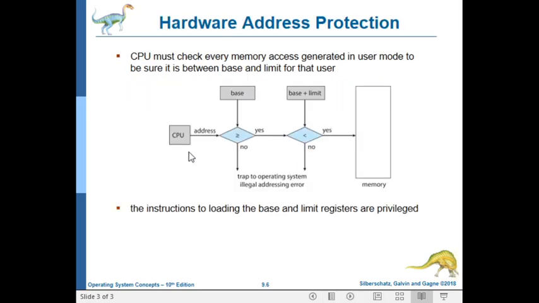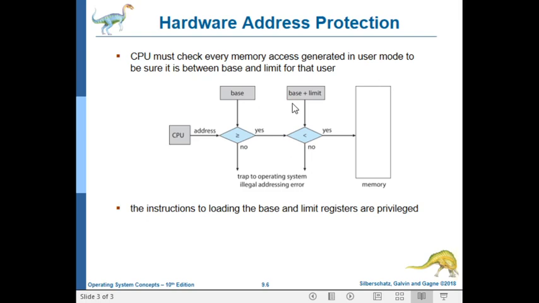So the CPU hardware implements the protection. The CPU must check every memory access generated in user mode to be sure it is between base and base plus limit.